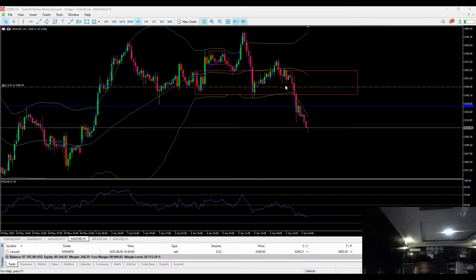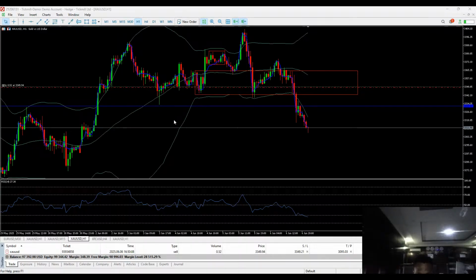How did I do it? What I observed was that when the blue line, which is the moving average, is on the upper part of the Bollinger Band, then we are taking a sell.